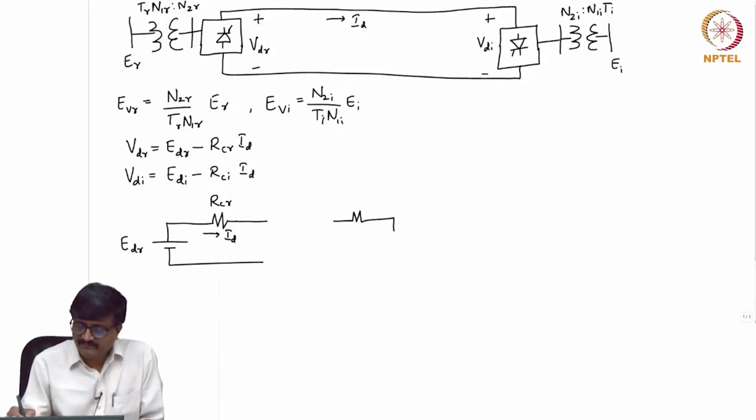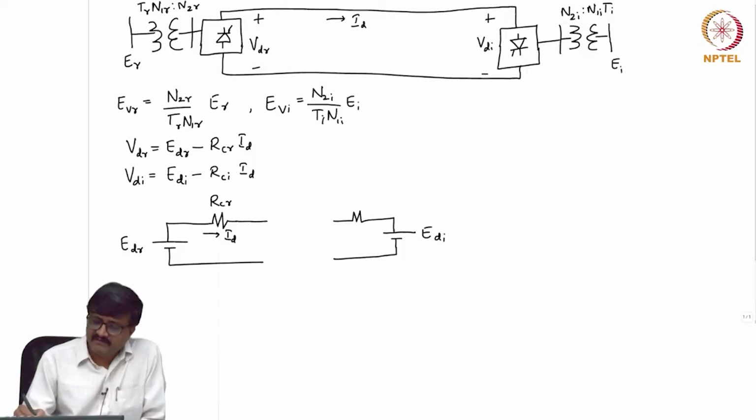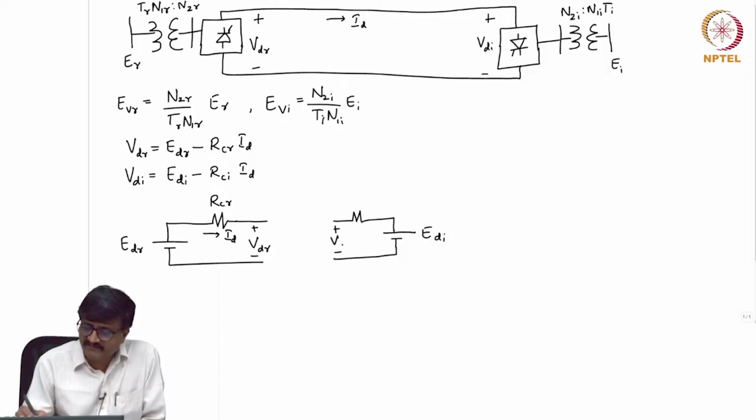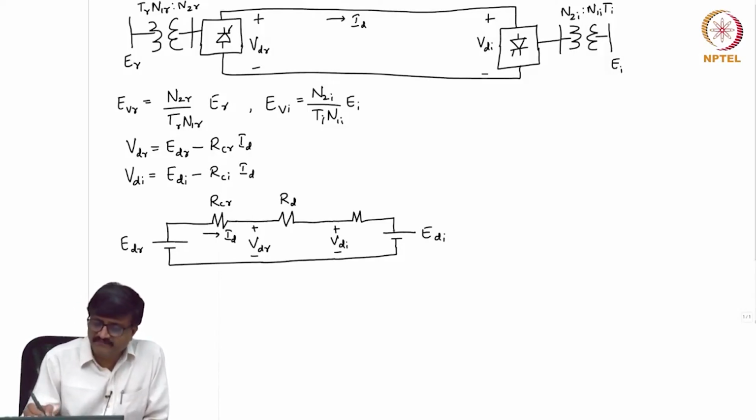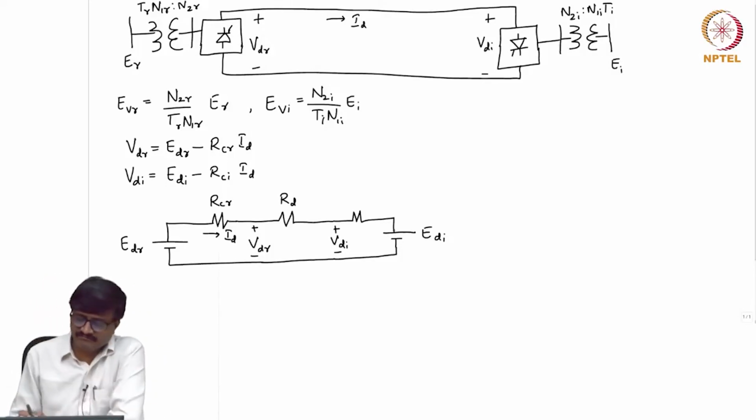Similarly, if I take the second equation and call this voltage EDI, suppose the voltage here is VDR and the voltage here is VDI, and the same current ID flows here also, and corresponding to the transmission line, suppose there is a resistance. Let me call this resistance RD. Okay. So, if I have to satisfy the second equation, what should be the resistance here?